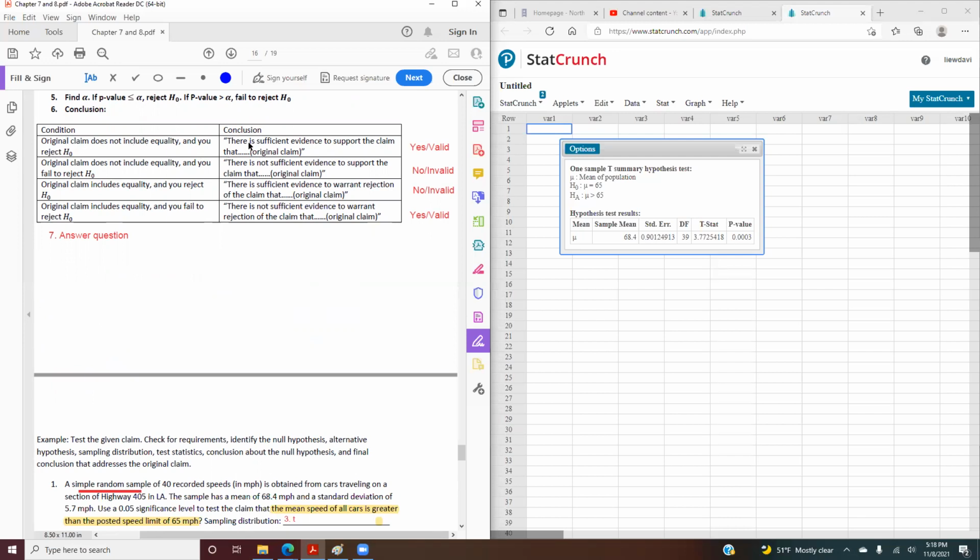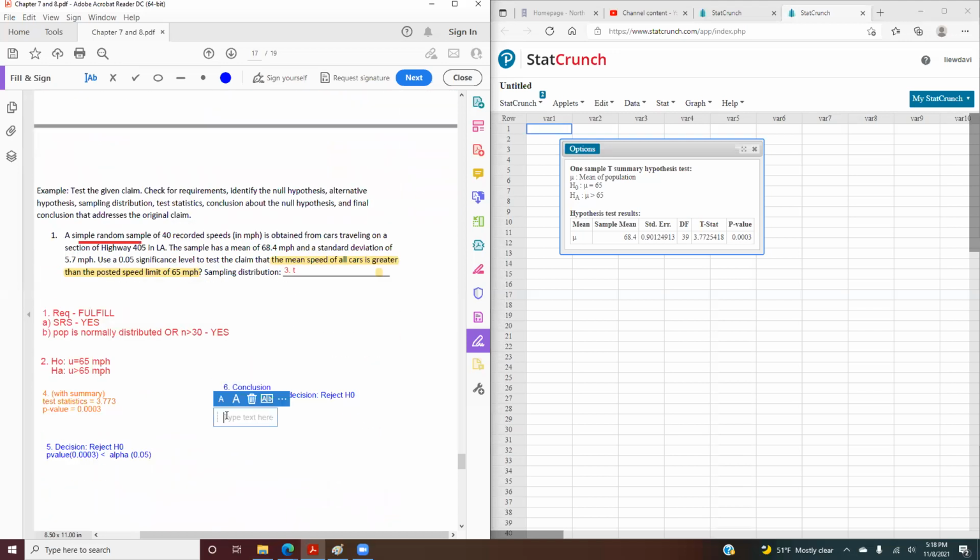So your conclusion is: there is sufficient evidence to support the claim. Then you just copy and paste from your claim statement that you highlight or underline: the mean speed of all cars is greater than 65 miles per hour.